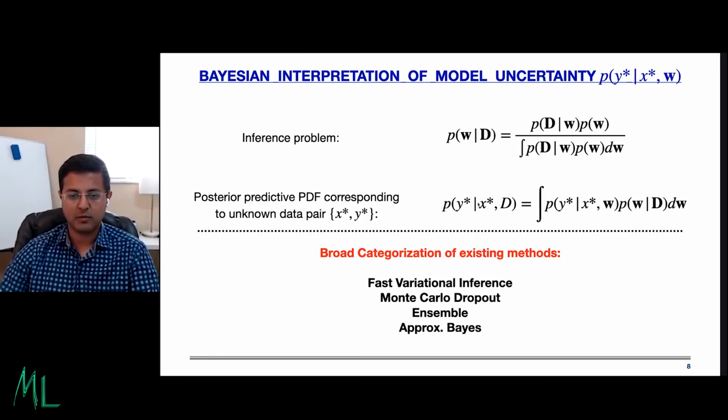All of these try to approximate the posterior PDF using this formulation, but in a very approximate manner, so that you don't have to compute the entire integral here. Specifically, approximate Bayesian methods have been very popular in recent years. Many top conference papers are coming out from the last category of methods.